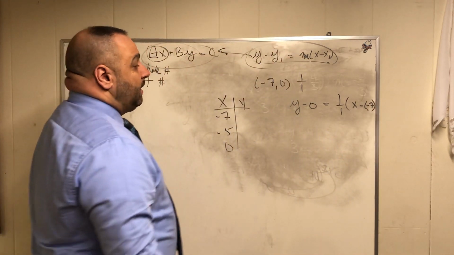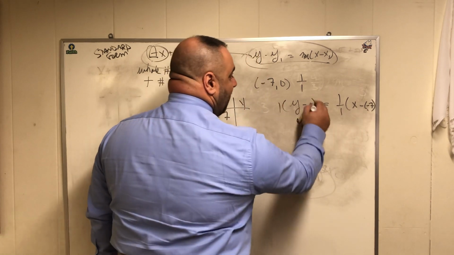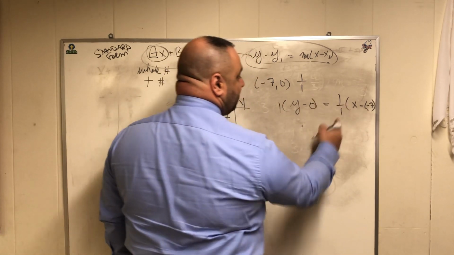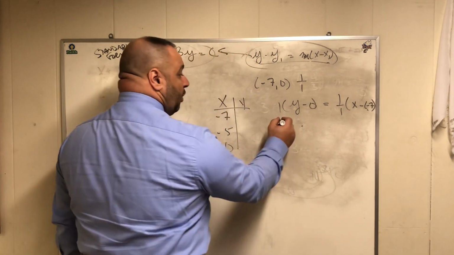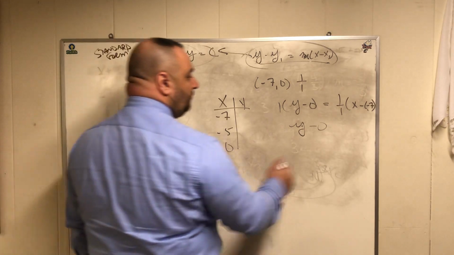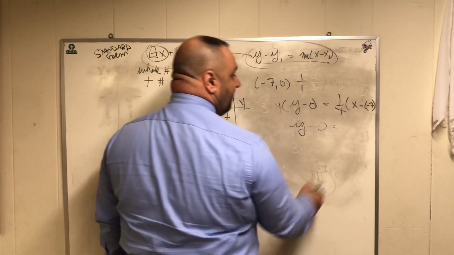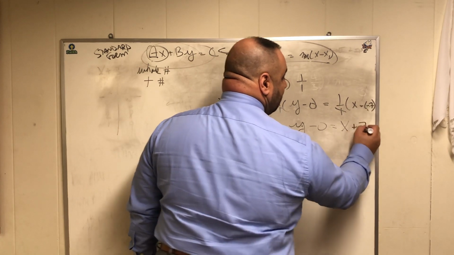Now we're going to multiply everything by 1 to get rid of the fraction. You want to eliminate the fraction first thing. So y minus 0 equals x, and then minus is a plus there, so x plus 7.